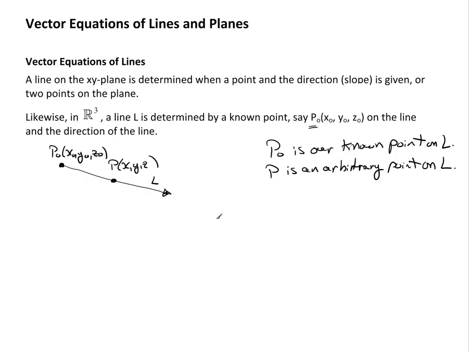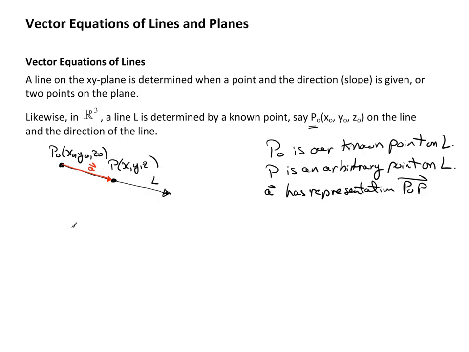Now with that, notice between P0 and P I have a vector that I can use here. I'm going to call this vector A, and vector A has representation P0P.